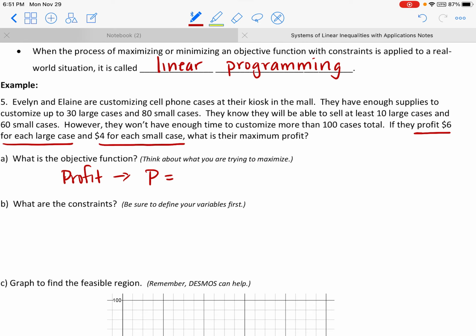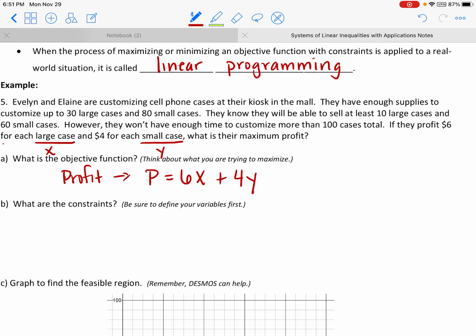Well, I don't know how many large cases or small cases there are going to be, so we're going to have to introduce our variables in here as well. So I'm going to call the large cases x, and I'm going to call the small cases y, although if you flip that, it doesn't matter. So it says they profit $6 for every large case, so $6 for every x, plus $4 for every small case, $4 for every y. So there's our objective function. Now that one's just going to sit on the back burner.